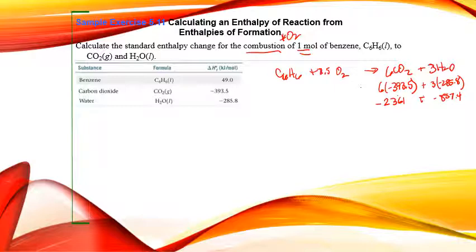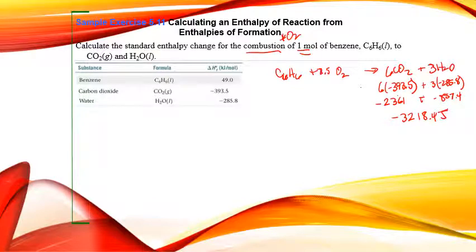And if I add those two together, that gives me a total of, what's that going to be? Negative 3,200 and, let's see, 18, I believe, 0.4.